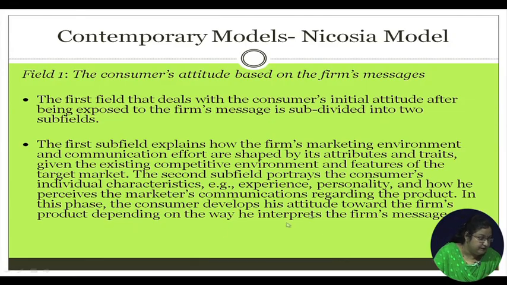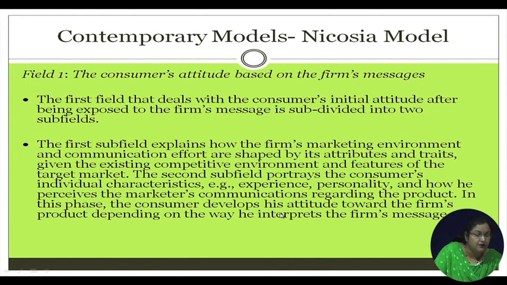It depends on your experience, your personality, how you perceive the marketer's communication. From the communication, do you think that it is a very cheap product, or that it should be very traditional? I may not want so much traditional jewelry, I may want a little bit of a match of modernism and traditionality in my jewelry. So, these are the things in the customer's field.